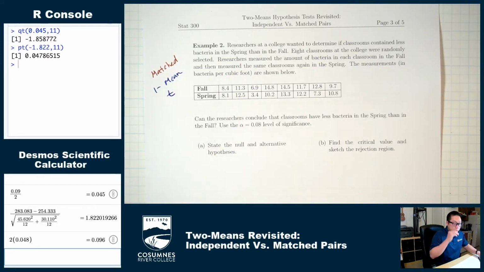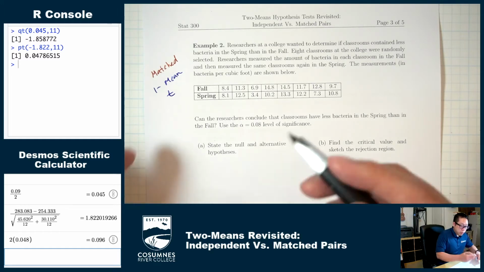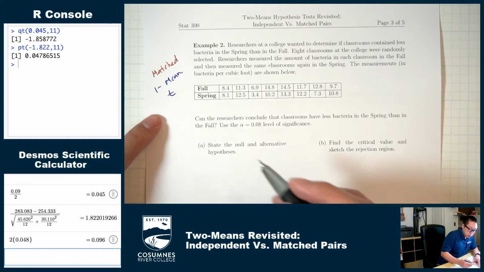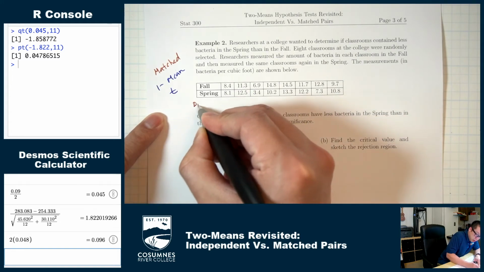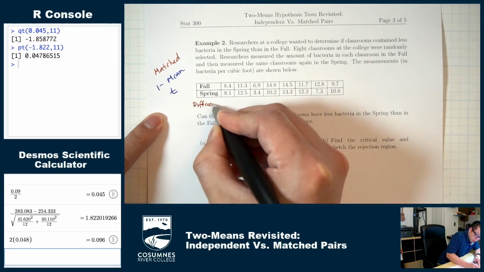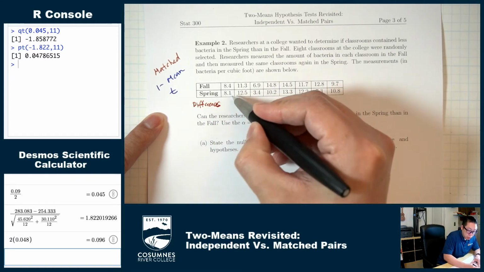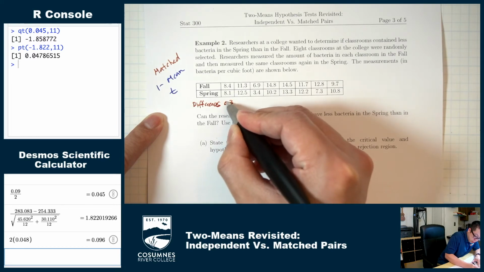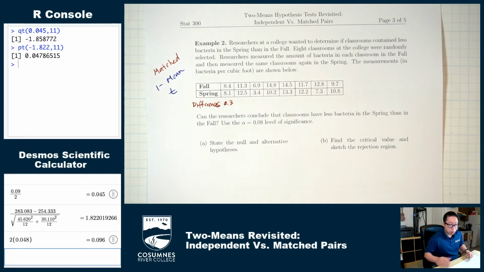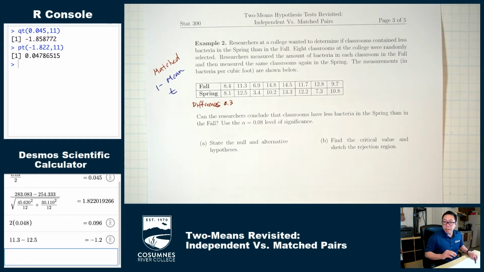Now, what do I mean by one mean? If it's matched, what we're actually going to do is find the difference and subtract. So 8.4 minus 8.1 is, I think, 0.3. 11.3 minus 12.5, so quickly, negative 1.2.